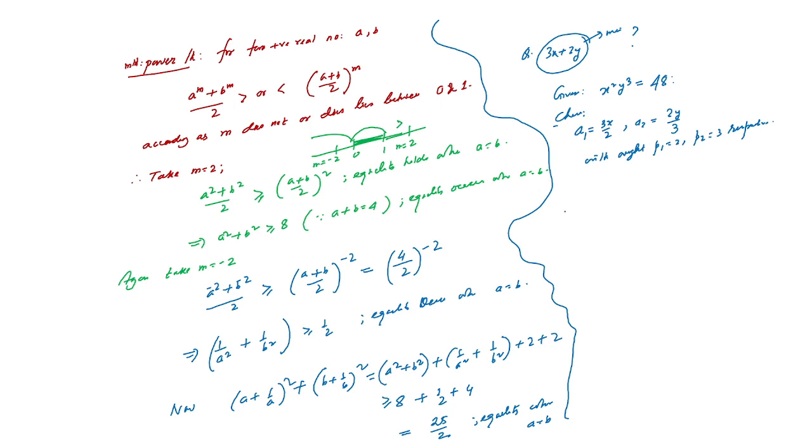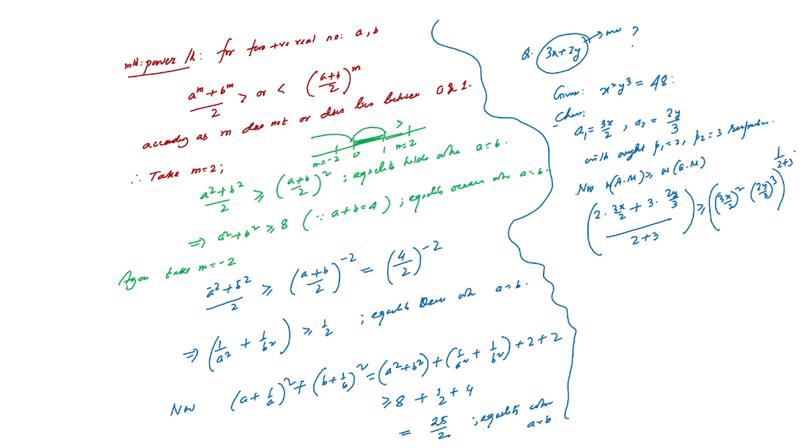So now apply weighted arithmetic mean greater than or equal to weighted geometric mean. That will be 2 into 3x by 2 plus 3 into 2y by 3, divided by 2 plus 3, greater than or equal to (3x by 2) whole square times (2y by 3) whole cube, to the power 1 by 2 plus 3.